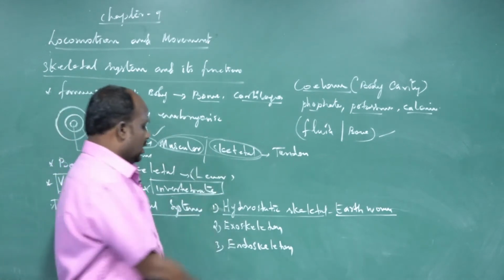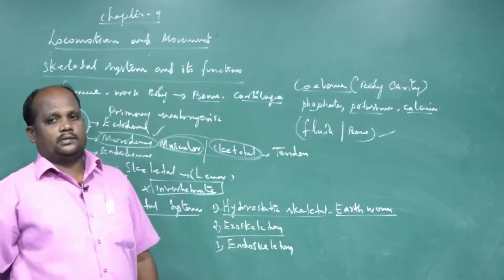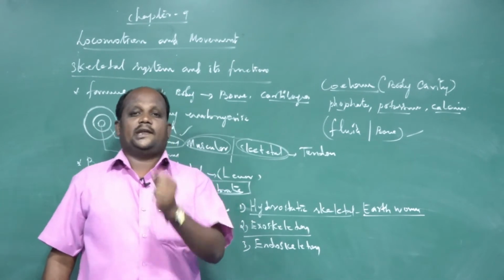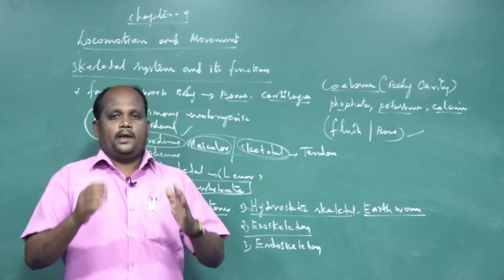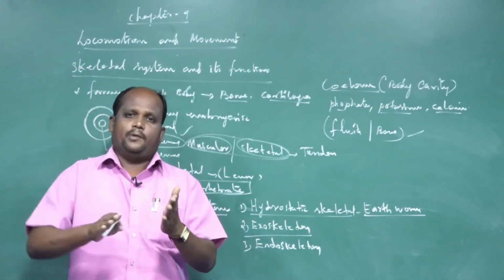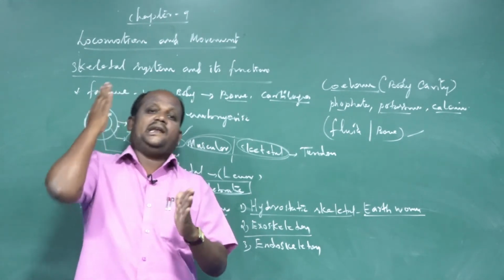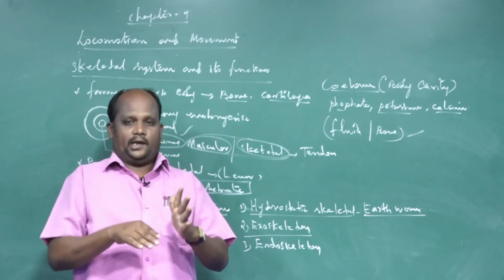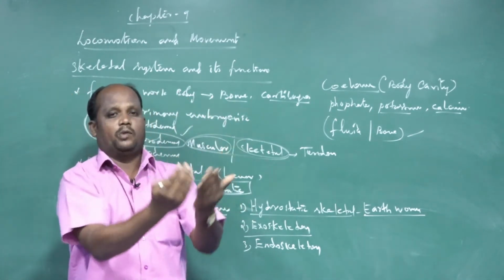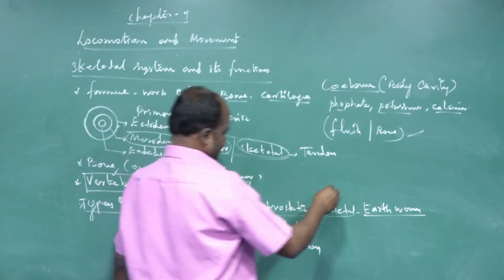Second one is exoskeleton. What is the name? Exoskeleton means the animal body contains a real bone, but the bone is not present inside or in the inner part of the body. It is present outside the body. For example, cockroach.